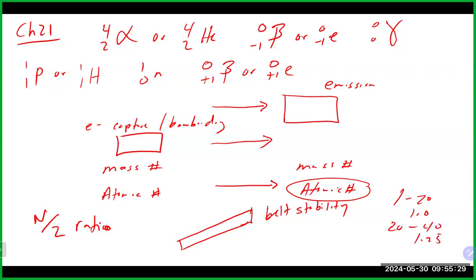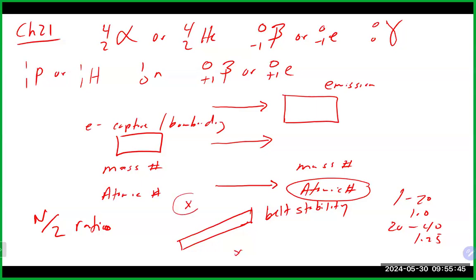You could calculate the N to Z ratio for a particular isotope, and you could determine whether or not it's going to be stable. If it's not stable, it will usually find itself either above or below this valley of stability, belt of stability.